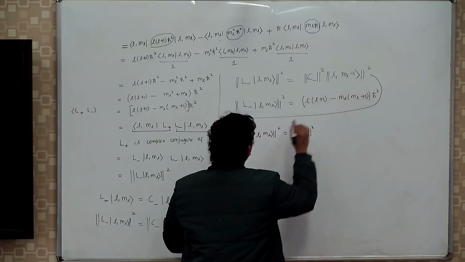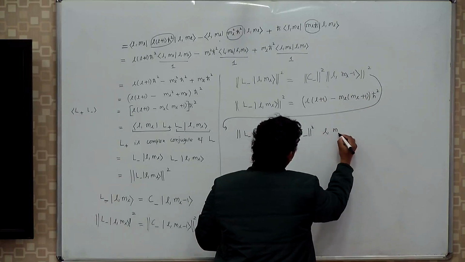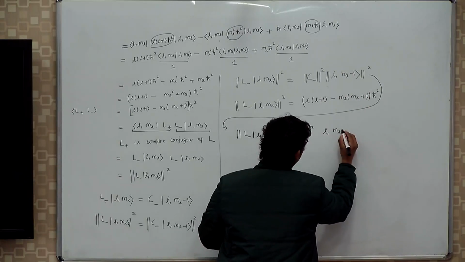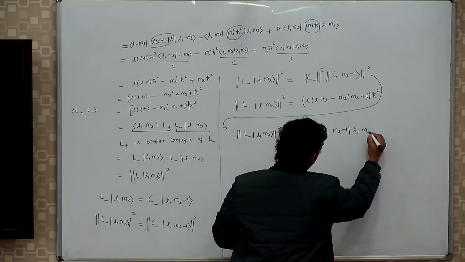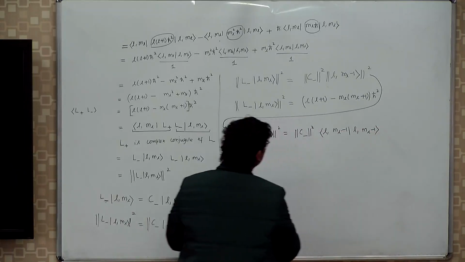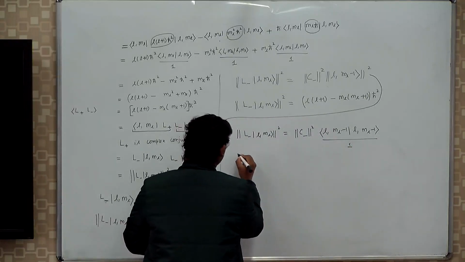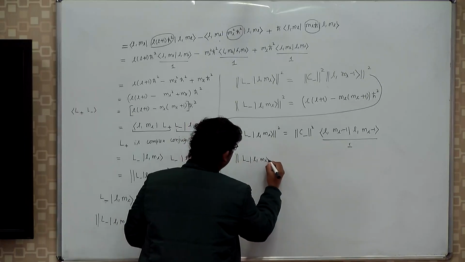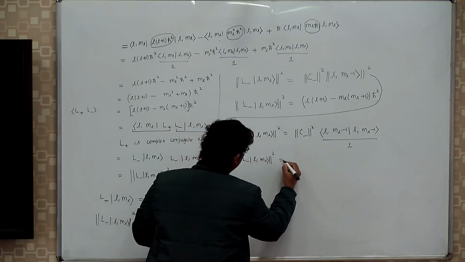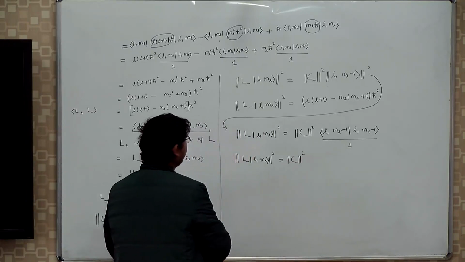This value will be 1. This value is nothing but L comma m L minus 1, L comma m L minus 1. Then this value will become 1. Then L minus L comma m L determinant square is nothing but C minus whole square.